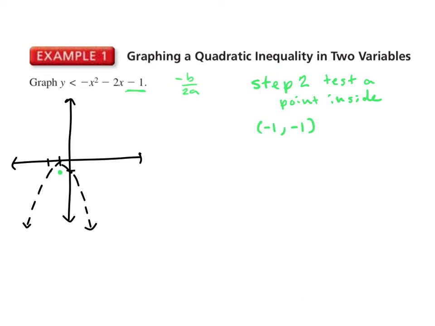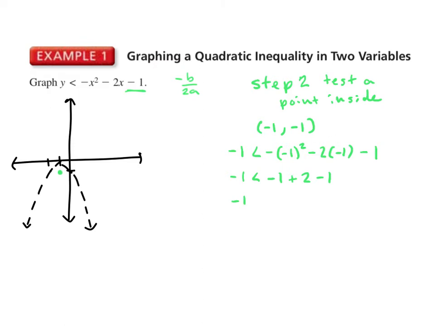We're going to plug in -1 for x and -1 for y and see if this works for our inequality. So we have -1 is less than -(-1) squared minus 2 times -1 minus 1. Let's solve our right side. -1 squared is +1, but we have this negative on the outside, so we have a -1. -2 times -1 is +2, and then minus 1.